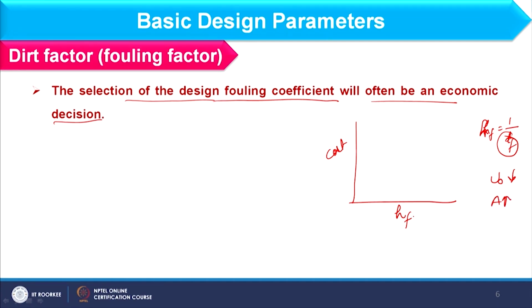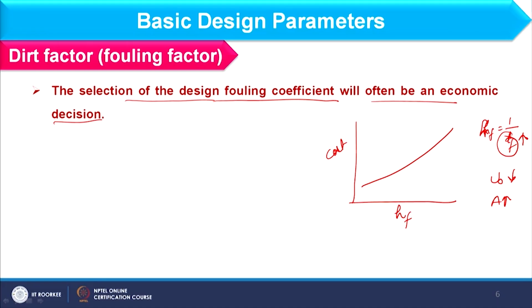So, as the dirt factor increases, HF will decrease and area will increase. So, I have capital investment like this, because I have more and more heat transfer area as HF decreases in this direction.